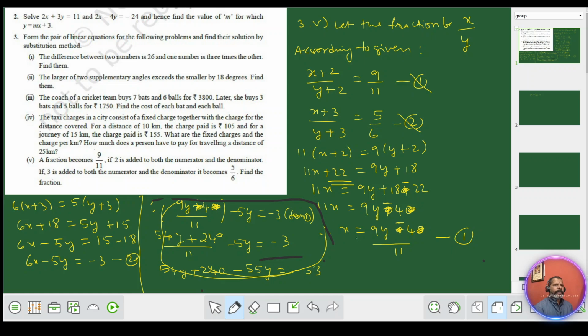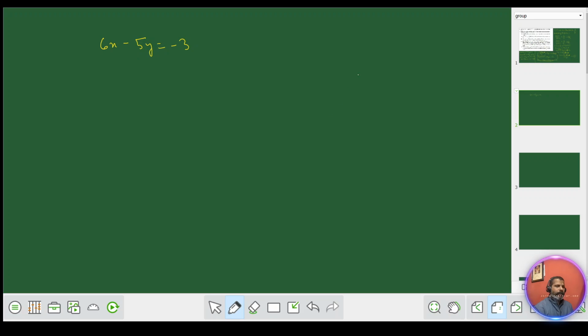Then here x is (9y minus 4) by 11. Now substitute here. 6 of (9y minus 4) by 11 minus 5y equal to minus 3. 6 9s are 54y minus 6 4s are 24, by 11 minus 5y equal to minus 3.